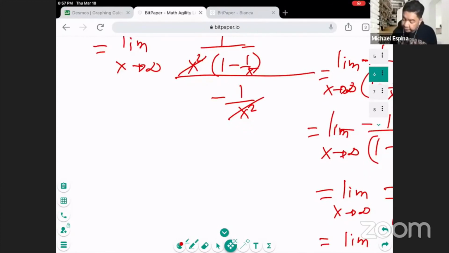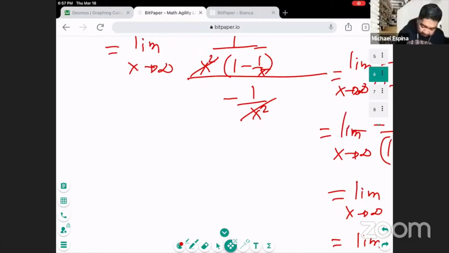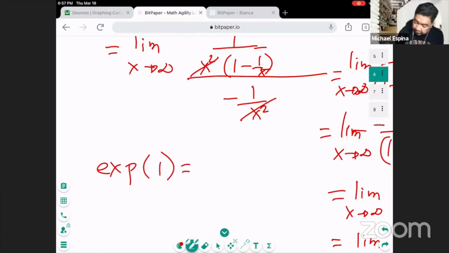So exp of 1 is actually... where do we get, did I miss something here?